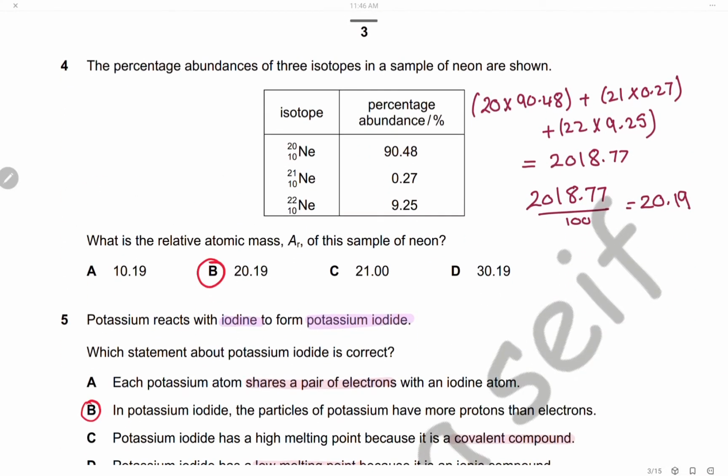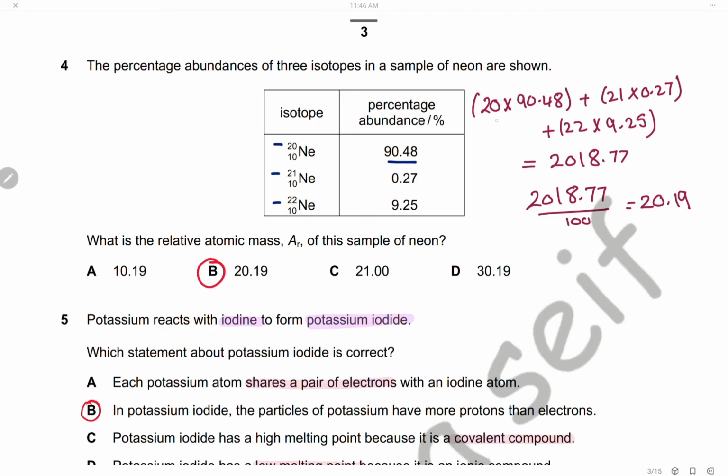Question 4. The percentage abundance of the 3 isotopes in a sample of neon are shown. We have 3 isotopes as shown here in the table, neon 20, 21, and 22. Each isotope has a percentage abundance. To calculate the relative atomic mass of neon, we will multiply the mass of each isotope by its percentage abundance, then add them together and divide by 100.